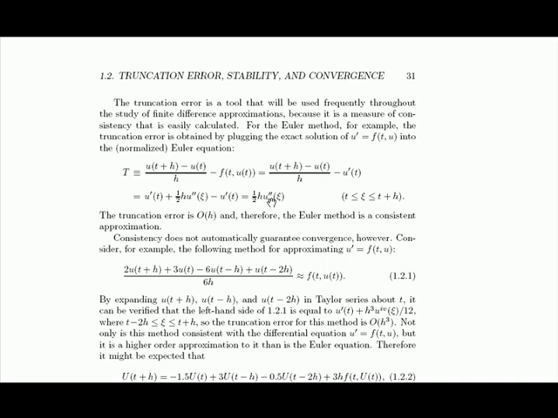So we see that the truncation error for Euler's method is order h, proportional to h, which is not surprising because we noticed that the error experimentally seemed to be proportional to h, so there does seem to be an association between truncation error and error. In this case, at least, they're both of order h.